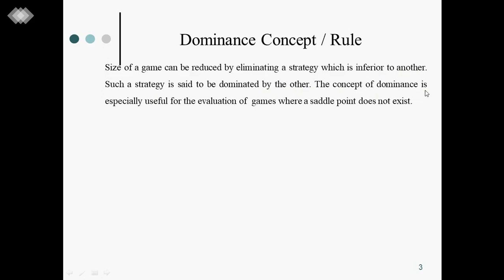The concept of dominance is especially useful for the evaluation of games where a saddle point does not exist. In other words, if max-min is not equal to min-max, you have to reduce it by using the concept of dominance to a 2x2 game. And in session 4 itself, we discussed how to solve a 2x2 game without saddle point.